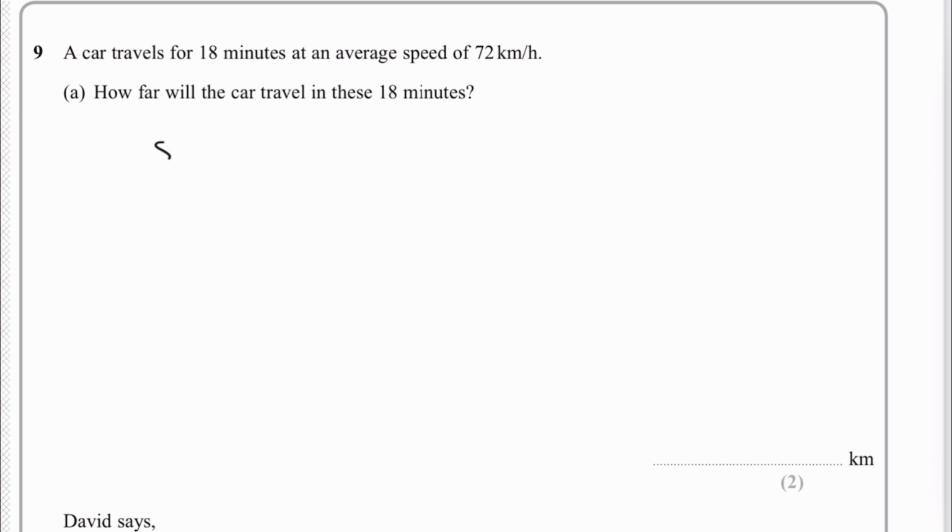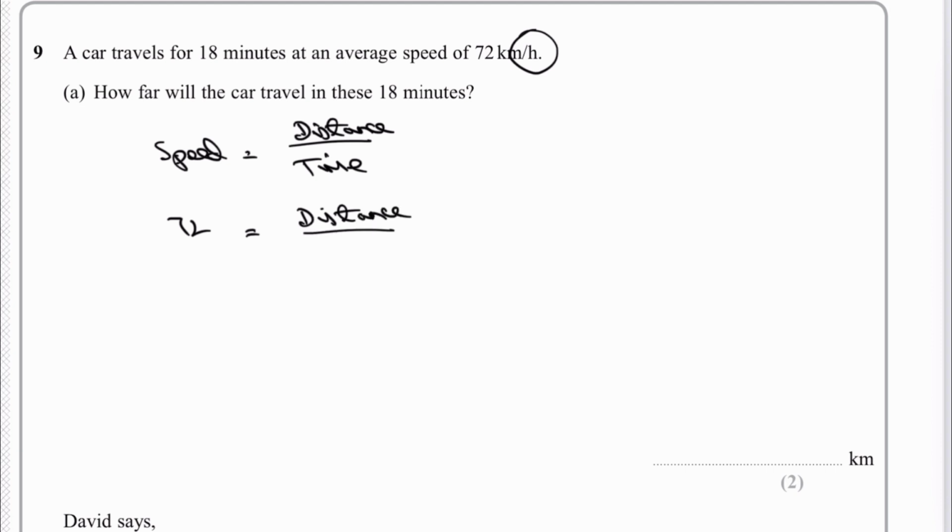The formula is always speed equals distance divided by time. What we do know is that the speed is 72 kilometers per hour, and the important thing here is it's per hour. Now we've been given the time as 18 minutes, so we've got to convert that to hours.